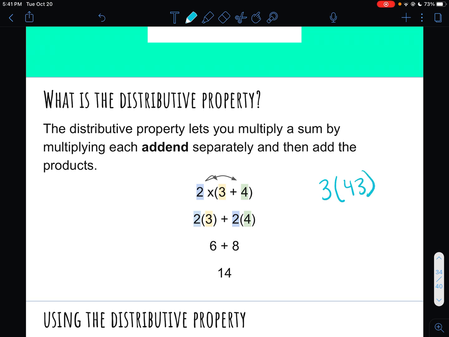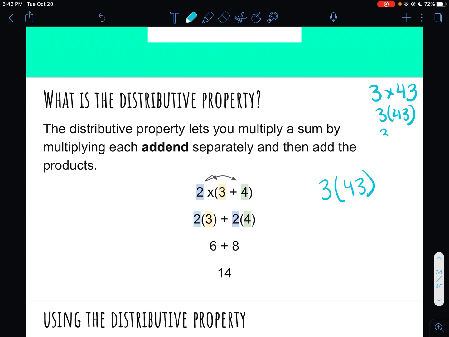Which reminds me, about multiplication this year: you are used to writing it with an X. I'm going to introduce 2 different ways to write multiplication to you this year, and one of them is parentheses. I think you were previewed on it last year, so 3 times 43 can also be written like that, kind of just smushing them together with parentheses.